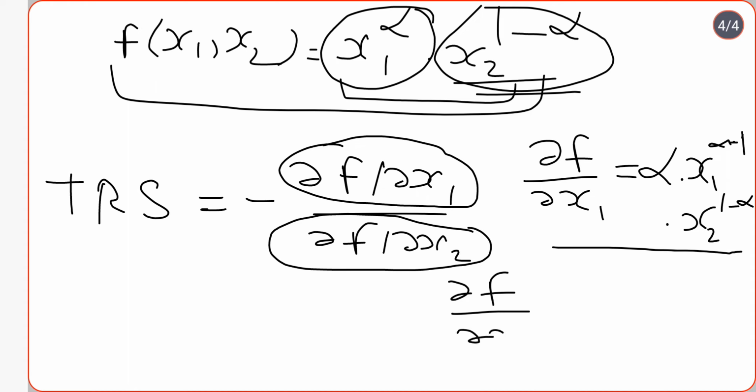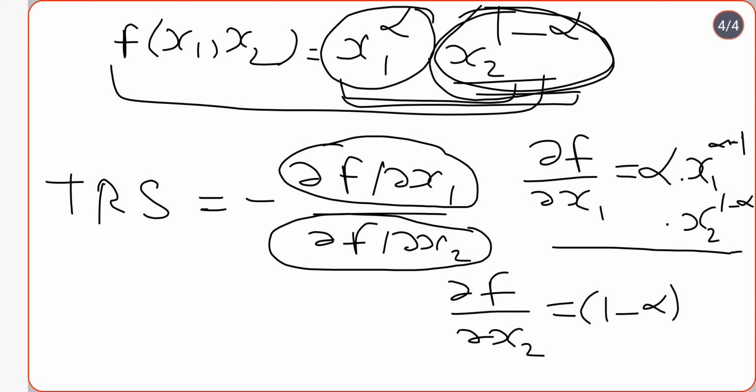What is del f by del x2? That is the partial derivative of this function with respect to x2. We will do the derivative of x2 part only, and x1 to the power alpha will remain outside of the derivative. So for x2 to the power 1 minus alpha, if we do the derivative with respect to x2, then 1 minus alpha will come before, then x2 to the power 1 minus alpha minus 1, because as per the formula, if we do the derivative of x to the power n, then we get n into x to the power n minus 1.